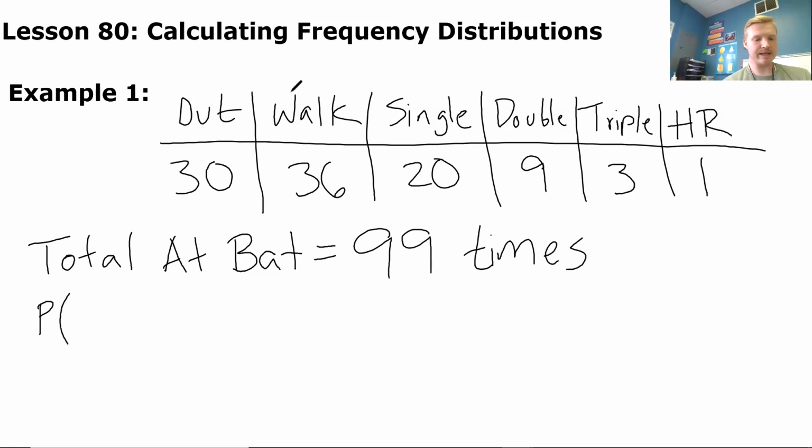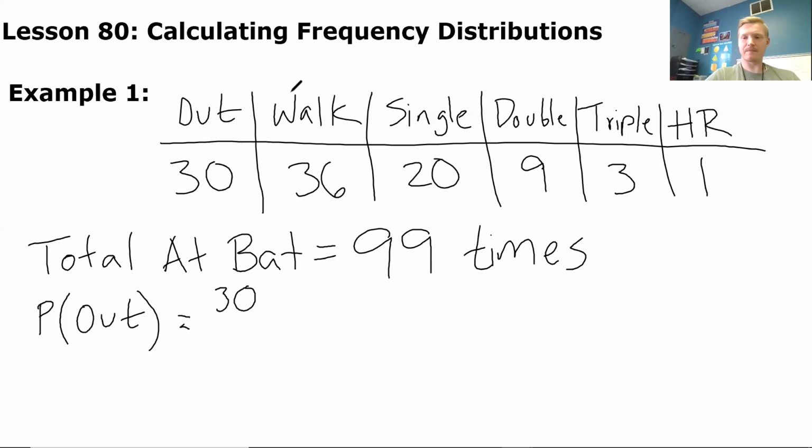So probability that he will be out. This is how you write it. P, probability of being out. P out equals, so he was out 30 times out of 99. So 30 out of that total 99.